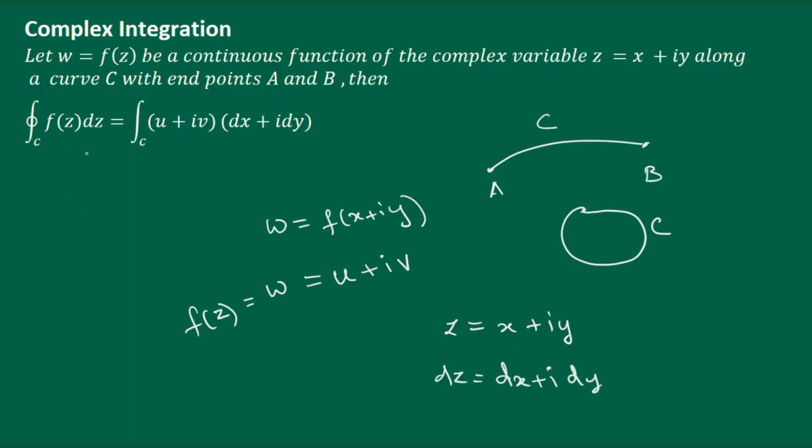So we have replaced dz as dx plus i dy. This is known as complex integration. Using this we can integrate a function of a complex variable along a certain curve. If it is an open curve, the endpoints will be considered as a and b. If it is a closed curve, the curve is just represented as c.